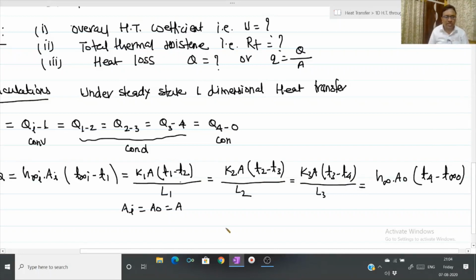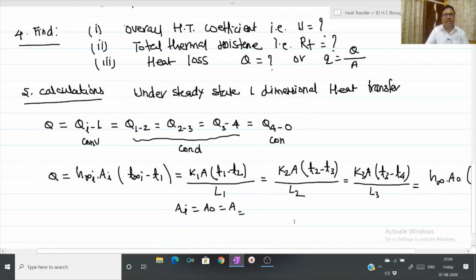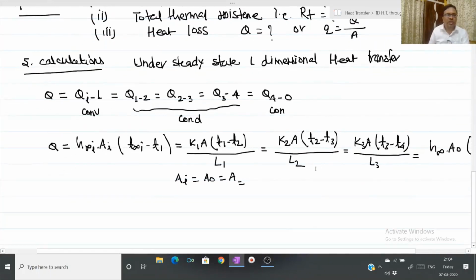So that is the logic behind this. And since area is unknown to me, so I am going to calculate heat flux rate. So I will be taking area from each of these rate equations to calculate heat transfer rate per unit area.